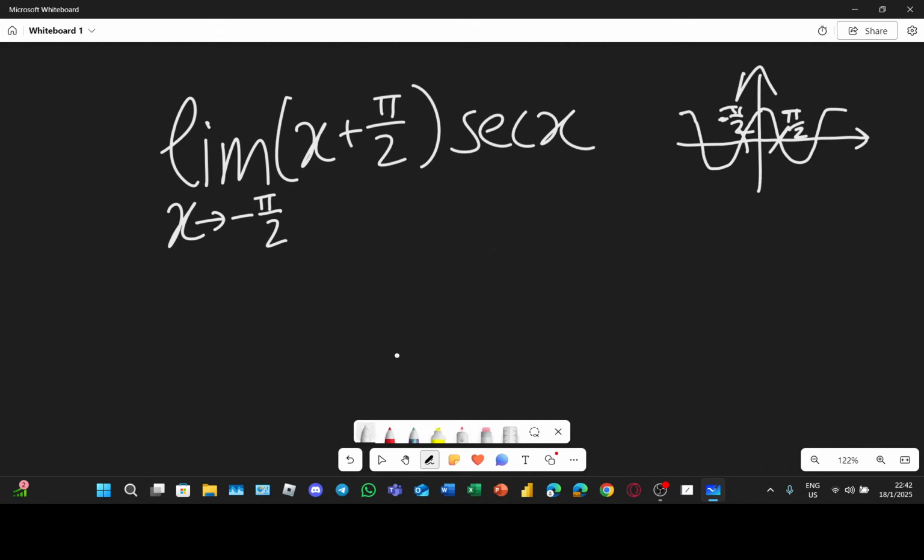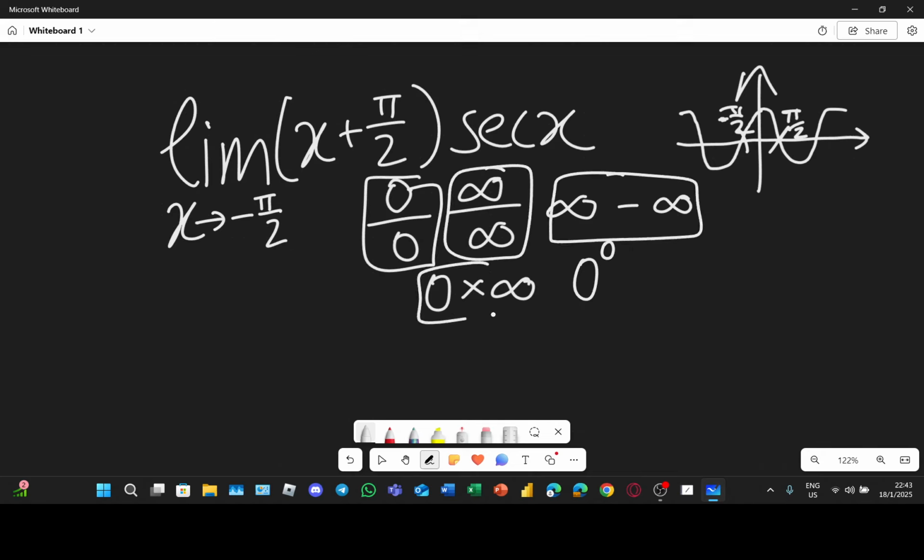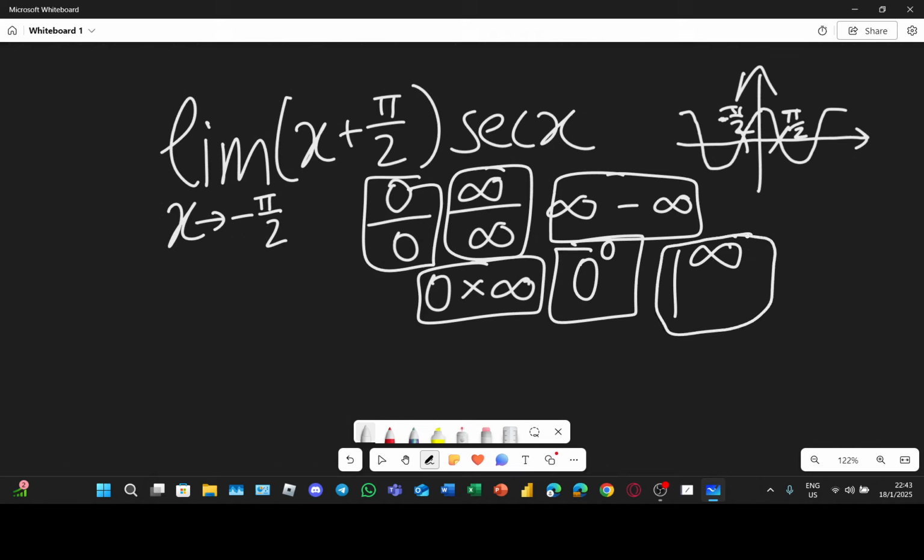So the 7 indeterminate forms are as so: 0 over 0, infinity over infinity, infinity minus infinity, 0 multiplied by infinity, 0 to the power of 0, then we have 1 to the power of infinity.